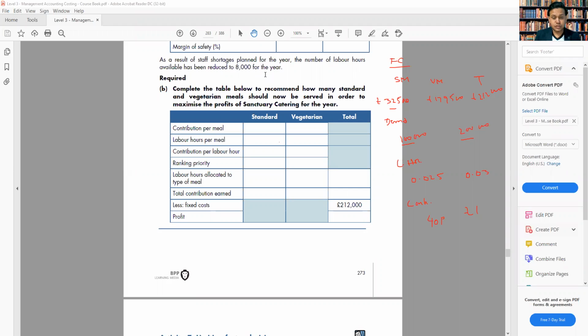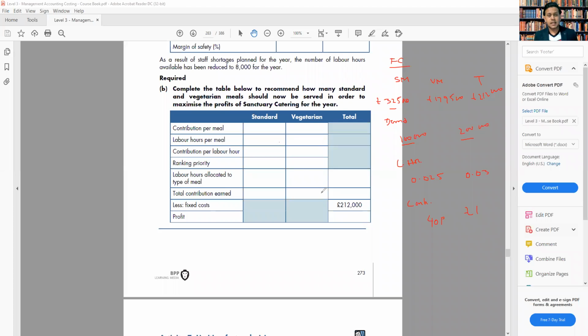We don't have much. So obviously, even though we have a lot of demand on the market, we cannot fulfill the demand. The reason is we don't have enough people to carry on the work. So let's read the requirement. The requirement here is complete the table below to recommend how many standard and vegetarian meals should now be served in order to maximize the profit of S Catering for the year.